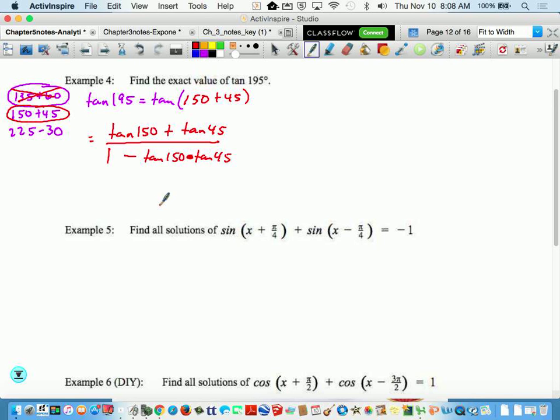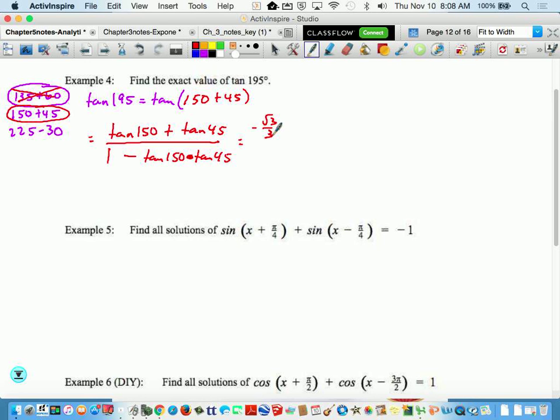So, what is the tangent of 150? And again, hopefully you have started memorizing the tangents. We're talking about 150, which is going to behave like a 30-degree angle, but you're in the second quadrant, so it's negative root 3 over 3.